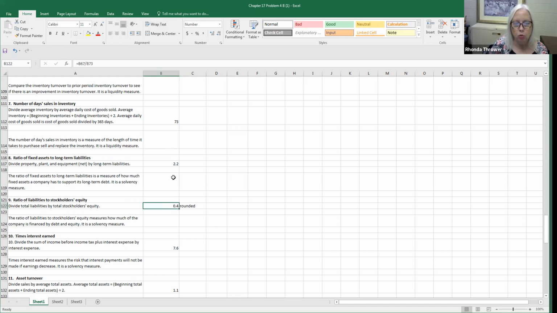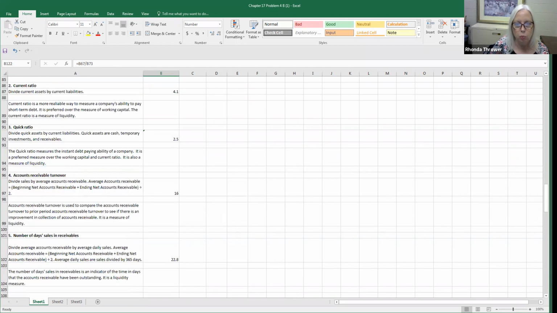And if we click on this, it shows you the addresses of the items that we use in preparing the ratio of liabilities to stockholders' equity. So your total liabilities is found in cell address B67, and we're dividing that by cell address B73, which is your total stockholders' equity.